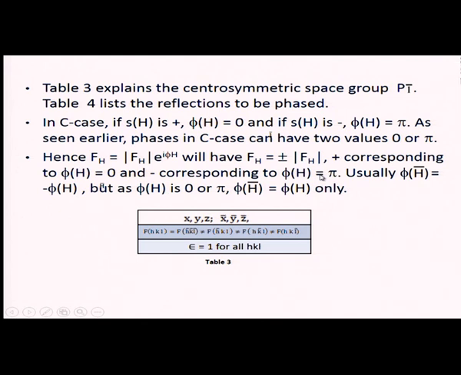minus mod F h corresponding to phi h equal to pi. Okay. In general, phi of the h reflection will be minus phi of the h bar reflection, but since your phases are 0 or pi, minus 0 is the same as 0 and minus pi is the same as pi, because to any angle you can add 2 pi: minus pi plus 2 pi becomes pi.